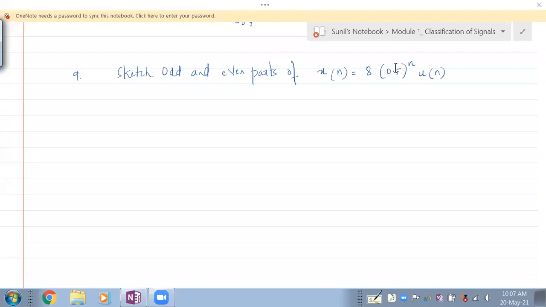And the samples in the decaying exponential need to be multiplied by 8. And this particular x of n ranges from 0 to infinity. So here, this is a decaying exponential.